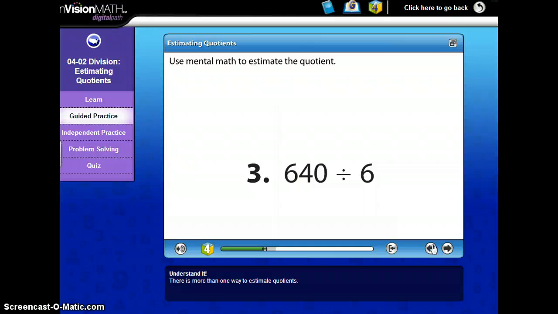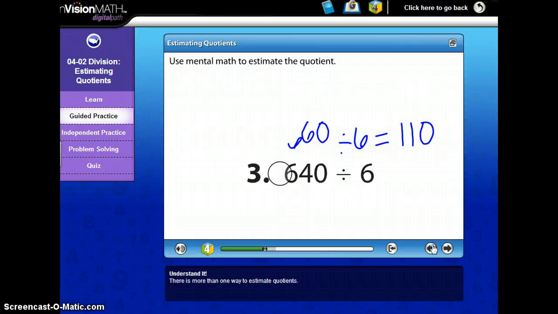So which one do you think we should go with? 66 is closer. So now that I covered this up, 66, I'll put in my 0. Little tricky. Dathan? Exactly. 110.